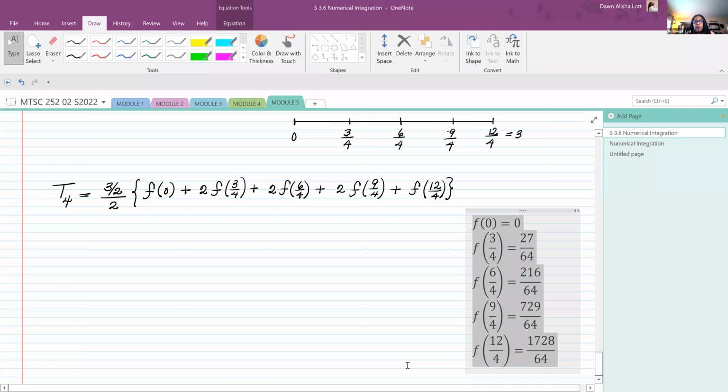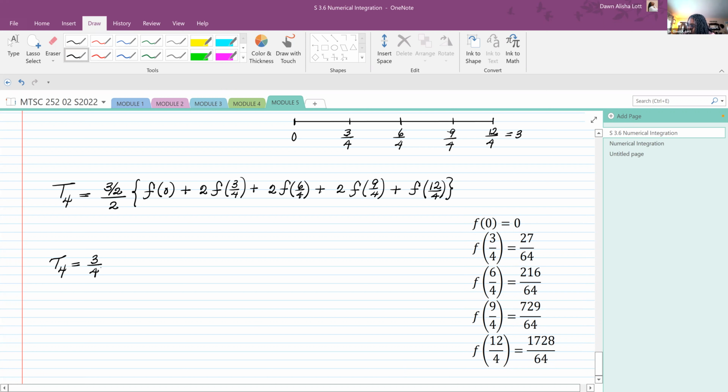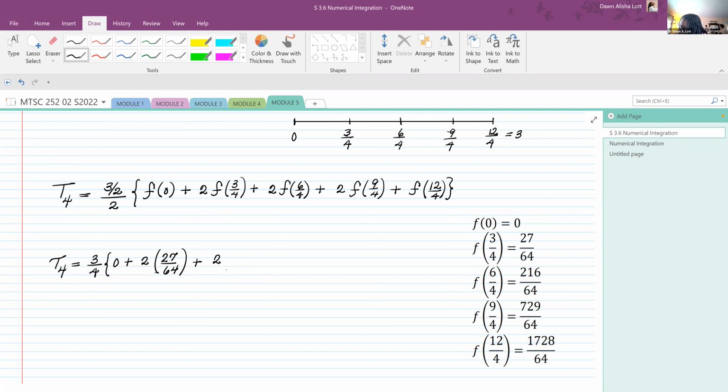All right. So that says T4 is equal to 3 over 4. F of 0 is 0 plus 2 times, well, 3/4 cubed is 27 over 64. Plus 2 times 6/4 cubed, which is 216 over 64.